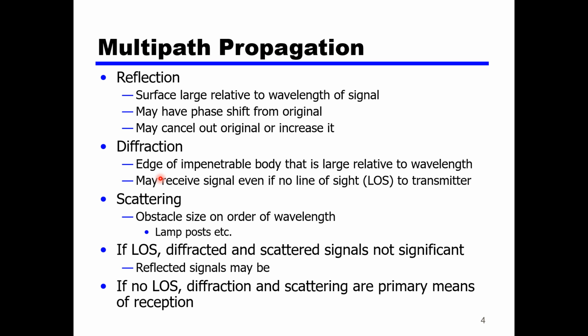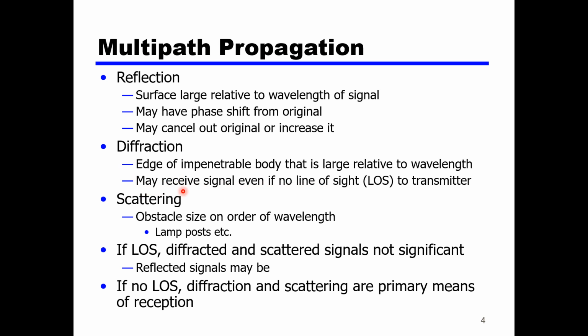The wave cannot propagate through this object, and that is called impenetrable. So from the edge of that impenetrable body, the diffraction of the signal will occur. Diffraction means it is diffracted.